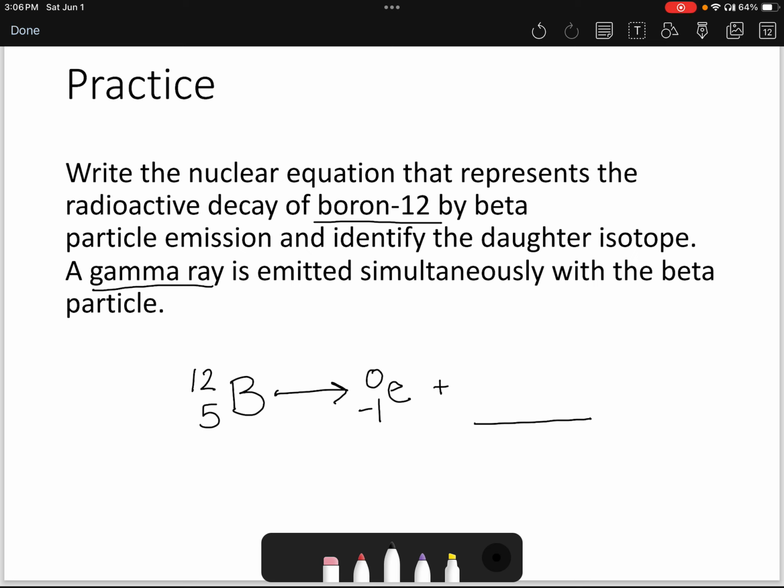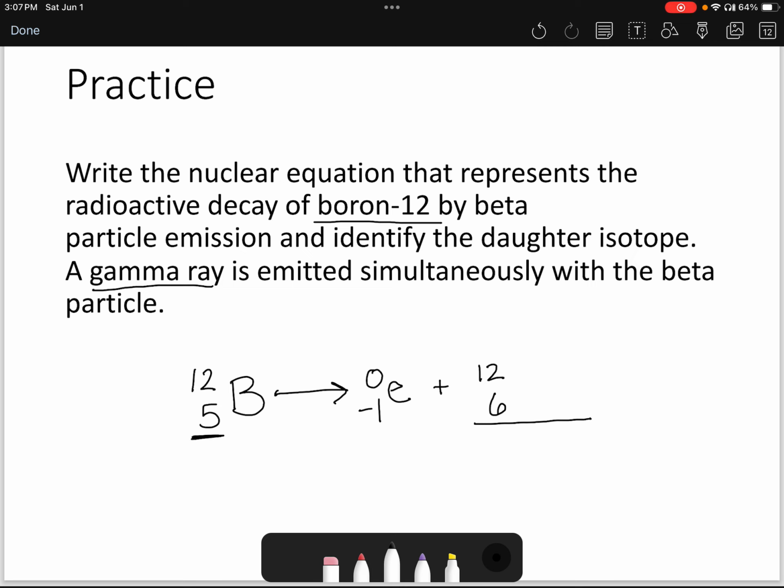All right. So remember, the mass number is not going to change in this case because the beta particle doesn't have any mass. So we're not losing any mass in this process. So that'll be 12. However, we do have a -1 on the bottom. So that means we're actually gaining a proton. So instead of 5, our atomic number will now be 6.